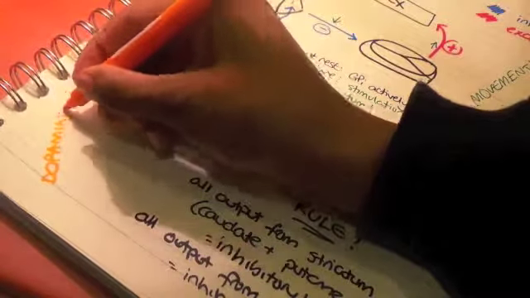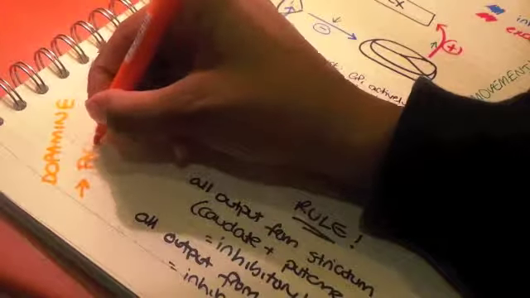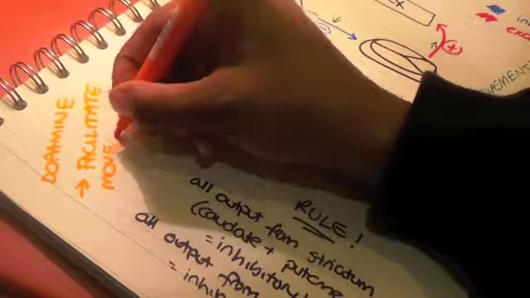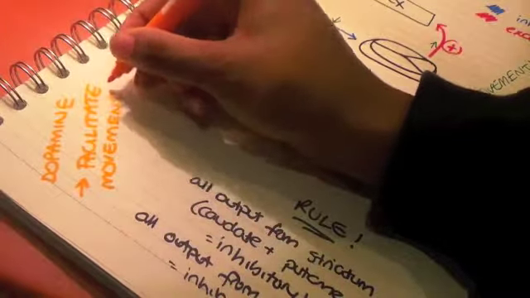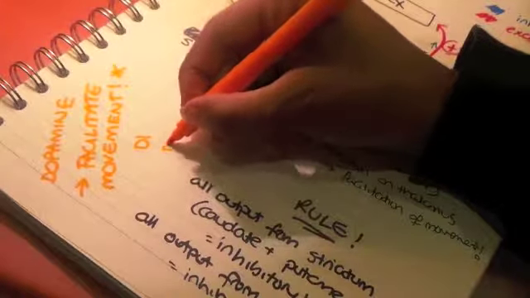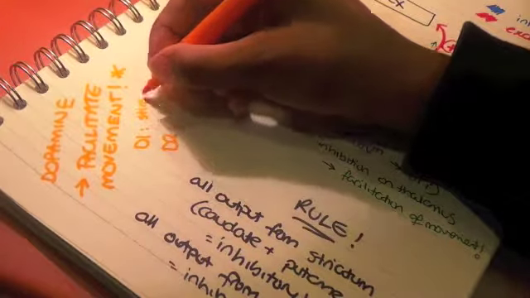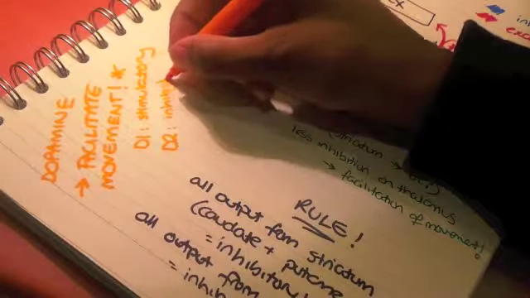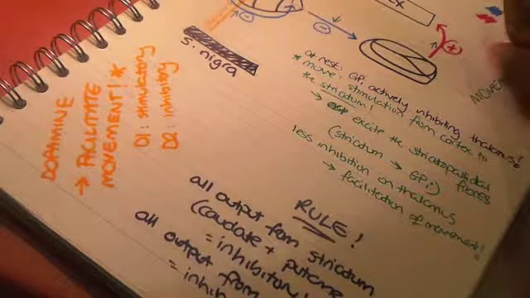Let's just keep in mind that the function of dopamine is to facilitate movement. Okay, so dopamine wants to facilitate movement, and it can act either at D1 receptors or D2 receptors. It has a stimulatory effect on D1 receptors, and it has an inhibitory effect on D2 receptors.